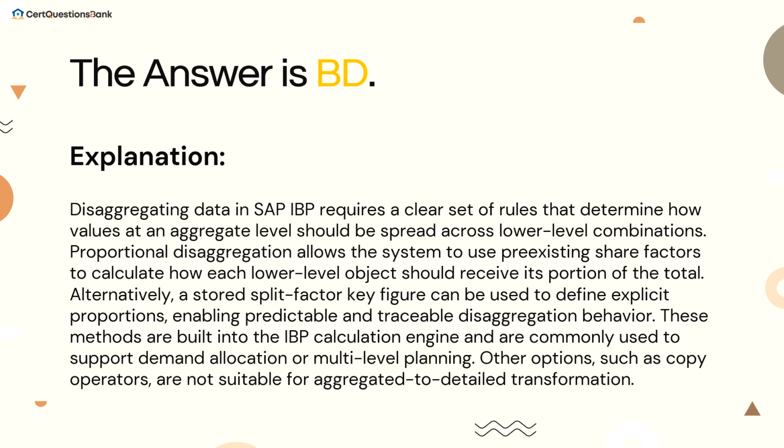Alternatively, a stored split factor key figure can be used to define explicit proportions, enabling predictable and traceable disaggregation behavior. These methods are built into the IBP calculation engine and are commonly used to support demand allocation or multi-level planning. Other options, such as copy operators, are not suitable for aggregated to detailed transformation.